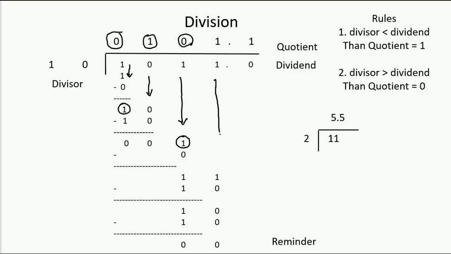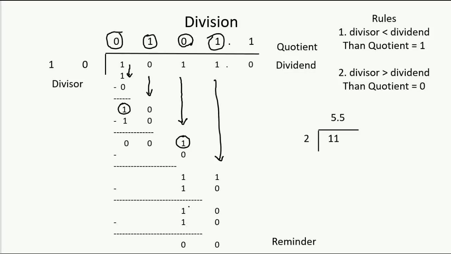Again you drop down the 1 to the next place. Now that 11 is greater than the divisor 10, so we put 1 over here, and that 1 multiplied by 10 gives 10 as a result. Subtracting 10 from 11, your final answer is 1.